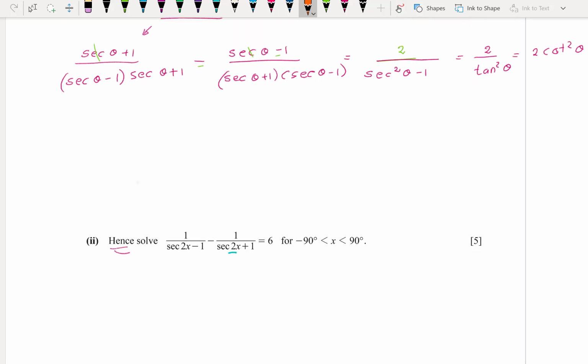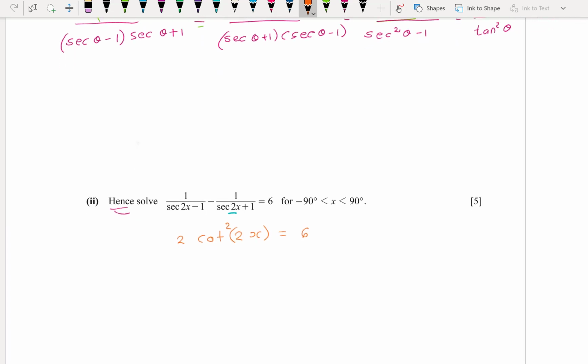So this will be 2 cot square 2x is equal to 6. Okay, let's simplify this further. So this will give us cot square 2 theta is 3, and it is same as 1 by tan squared 2 theta is equal to 3. Isn't that correct, Amrita? Yeah.